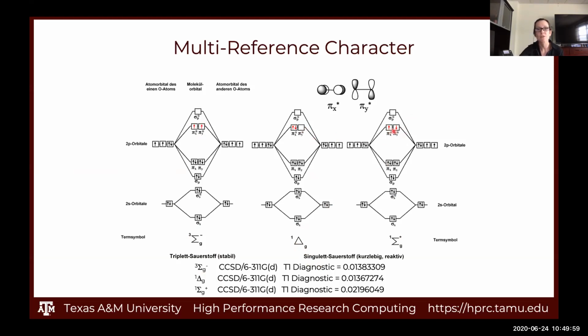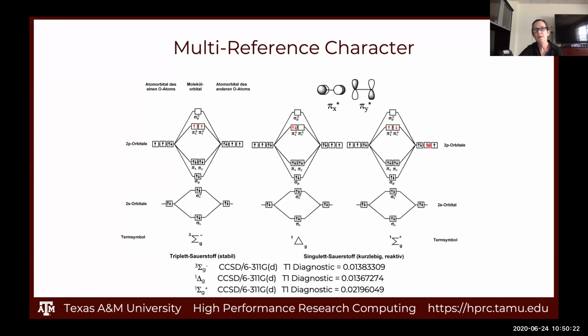Open shell singlets are very difficult because they're multi-reference problems. It looks very simple. You put an electron up here and an electron down here, but it's not a single wave function that contributes. It's a linear combination of occupations that make up the overall wave function. Okay, same thing here. Do you put it in this one or do you put it in this one?